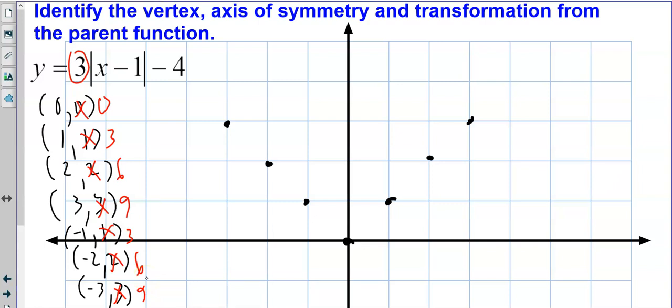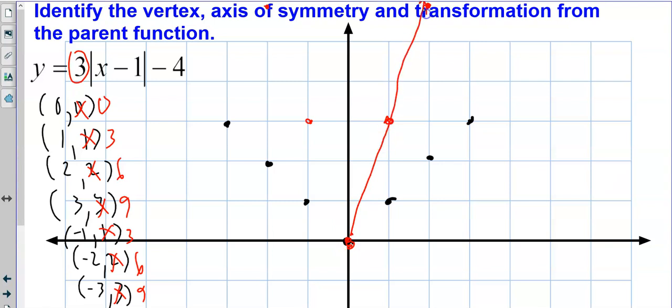So the shape of this will definitely change. This graph paper is not going to work out well for this. I don't have enough points. (0, 0) is still there. (1, 3) is there. It's a little off the chart, but right up there at (2, 6) will be a point. And (-2, 6), again, right up off the chart, somewhere up there. So this graph is going up.